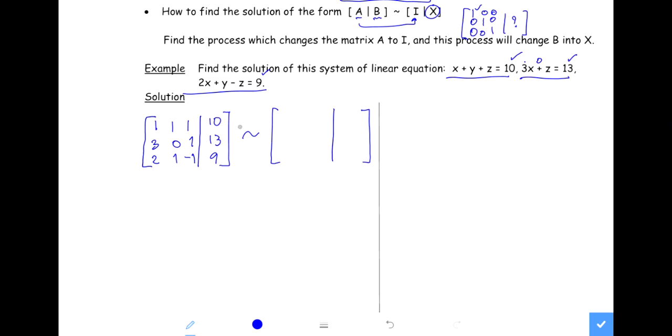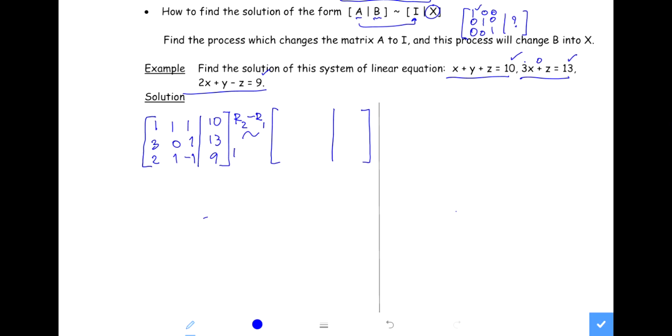So we want to change R2 and R3. I'm going to write now R2. You have a 1 there. I want your 1 to disappear. So you have to subtract R1 from R2. So I go R2 minus R1. And then I see R3, you have negative 1 there. I want your negative 1 to disappear.